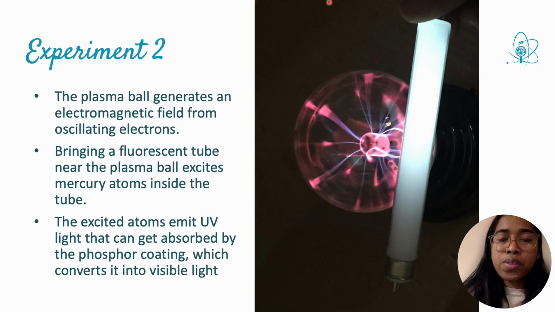Now we can ask the student to place their hands at different locations of the tube and observe how much of the fluorescent tube actually lights up and what it means. If they touch it somewhere here, some part of the tube will not light up, and this is similar to what we had before.